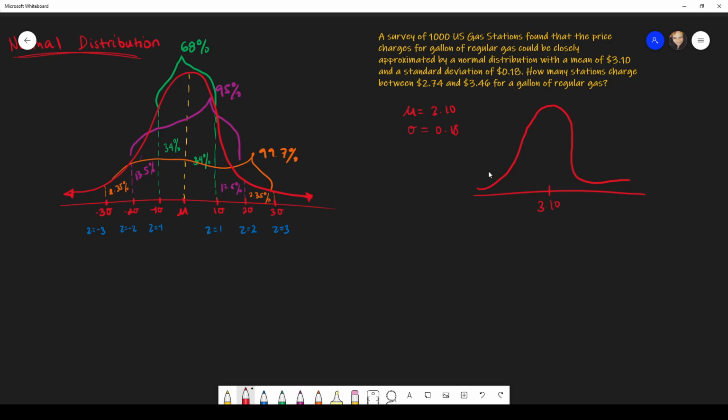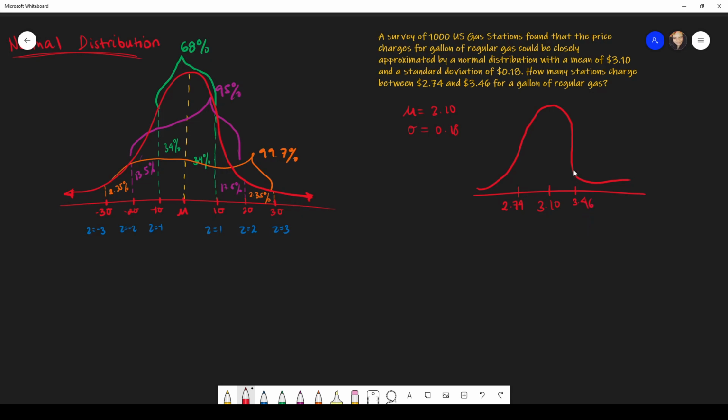I want to find out how many stations charge between 2.74 and 3.46. Now we know that 2.74 is less than 3.10. So assuming it's a perfect bell-shaped curve, 2.74 is around somewhere here, and 3.46 is greater than 3.10, so that's approximately around here.